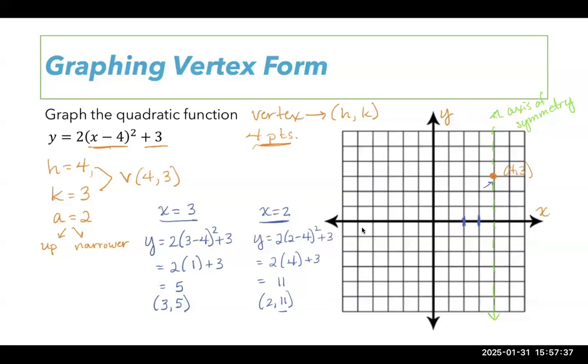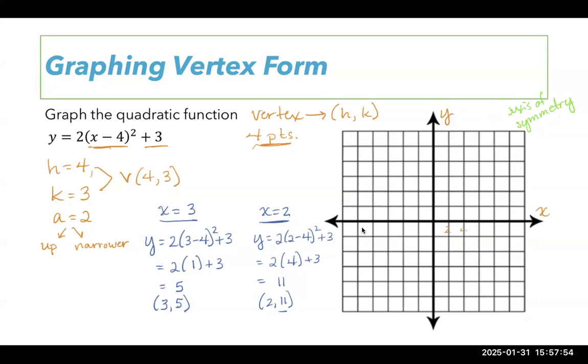So I'm going to go back to my graph here for just a minute. I'm going to clear this axis and that vertex, and I'm going to change my scale so that we have a scale of 2.